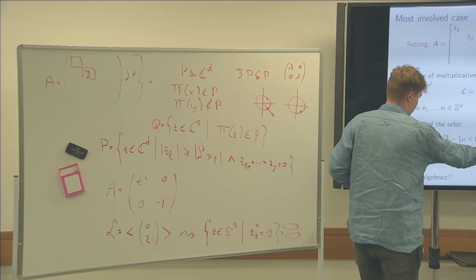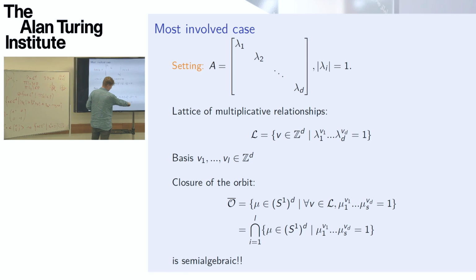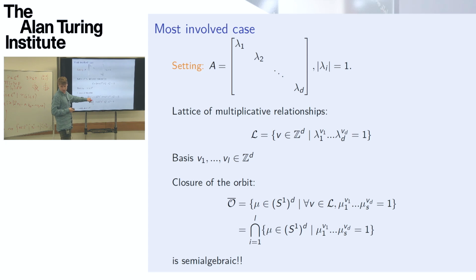Okay, and then once I have the basis, I can write this as an intersection of these, and each is just a polynomial in the coordinates. So this is a semi-algebraic set, okay? So there's a few things to see here. First, we should prove this equality, okay?